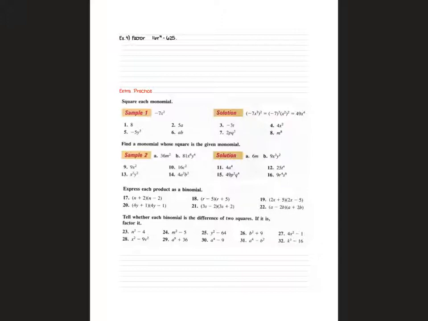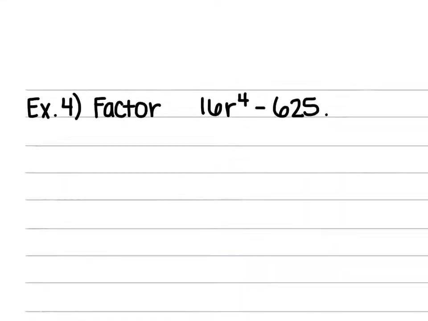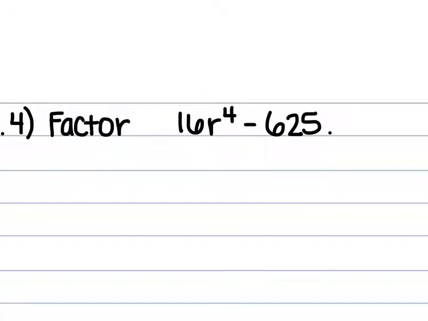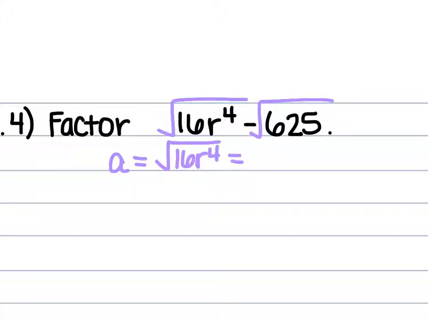If we look at our next example, we have 16r to the 4th power minus 625. So ask yourself, can you take the square root of the 16r to the 4th power? Can you take the square root of the 625? The answer is yes to both of them. So find your a and your b. Your a is the square root of the 16r to the 4th power, which is 4r squared.